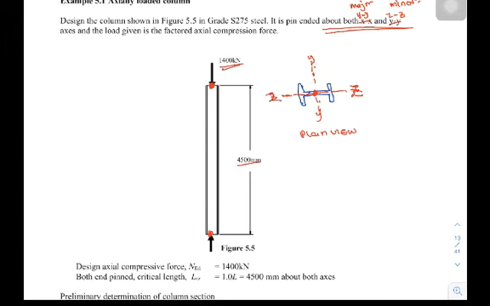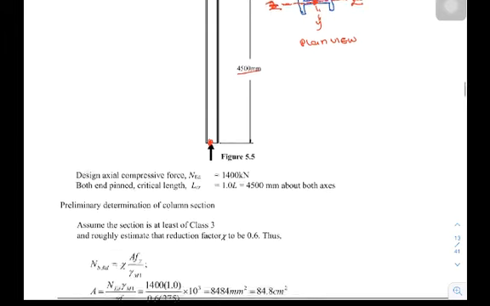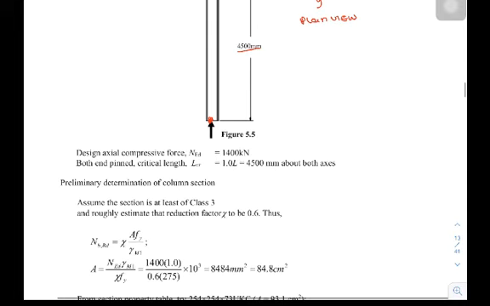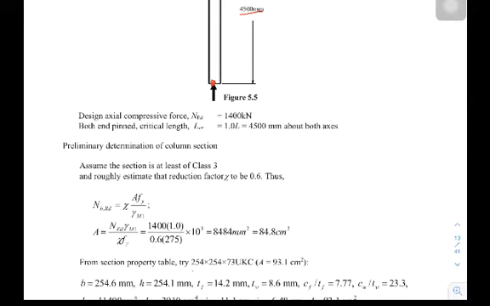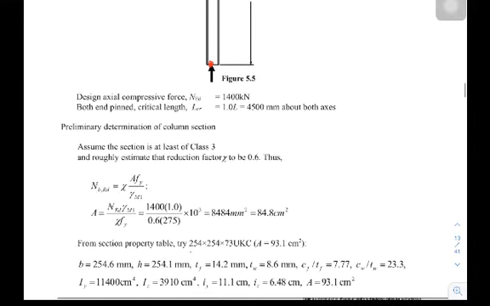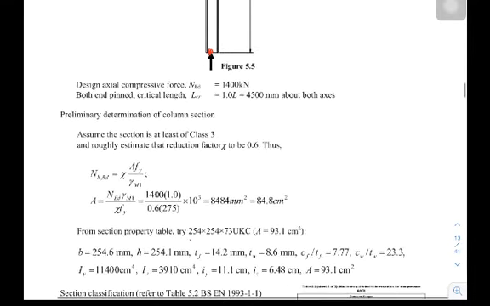This is the minor axis. The critical length is 1.0 L, 4.5 meter, and we will start to estimate the column first.